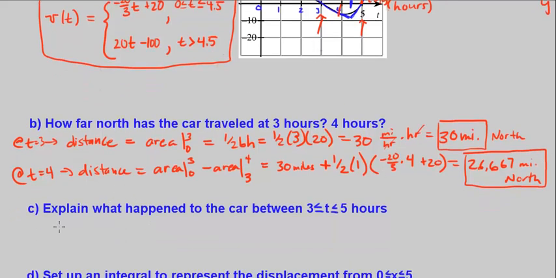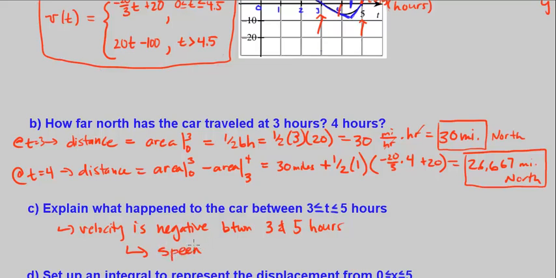Between 3 and 5, we know velocity is negative between, I'm abbreviating BTWN, between 3 and 5 hours. And that's the same thing as speed in the south direction, right?